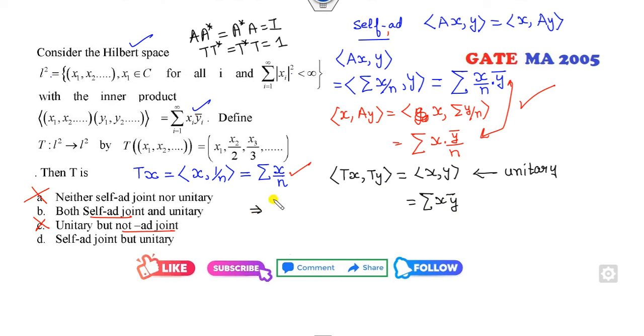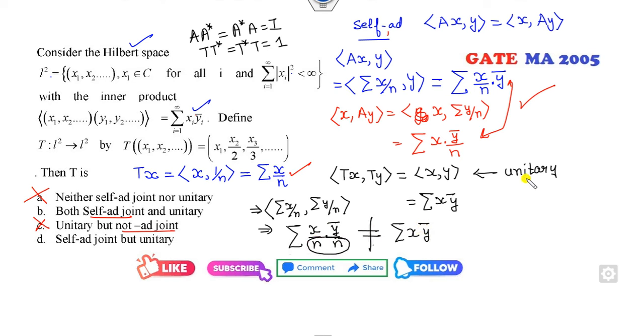The left hand side is x over n, y over n, so again I apply this and it's a summation of x over n into y over n. Are they equal? They are not equal because here n square is present. So it is not unitary, and this option is cancelled. So D is the right answer of the problem.